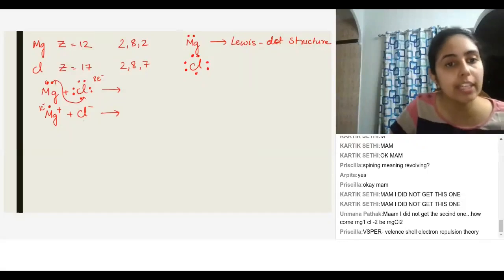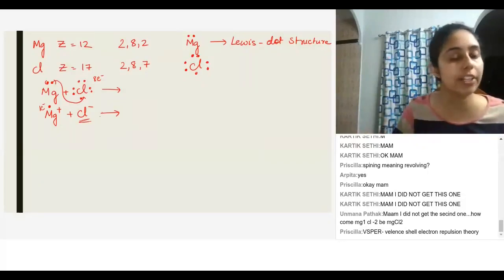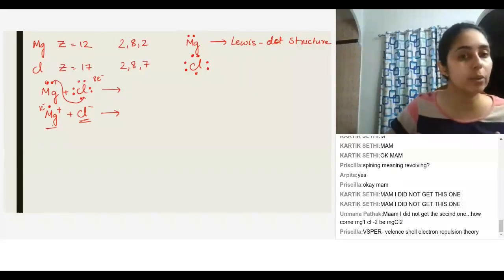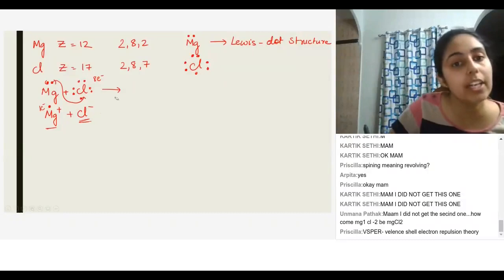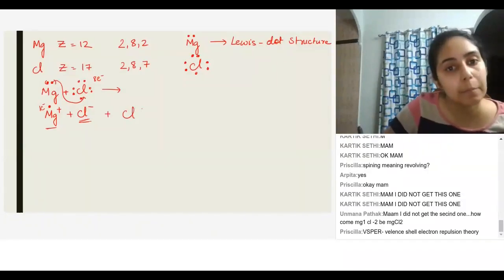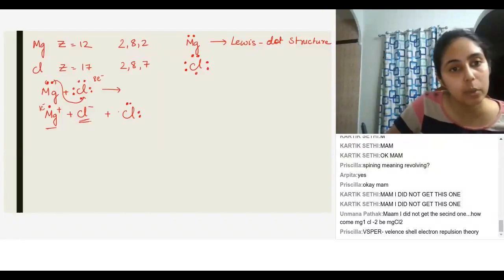So this chlorine is complete. It is satisfying the octet rule. But this magnesium is not yet satisfying its octet rule. So what do I need to do? I need to bring in one more chlorine, and I'll draw the Lewis dot structure of that chlorine.